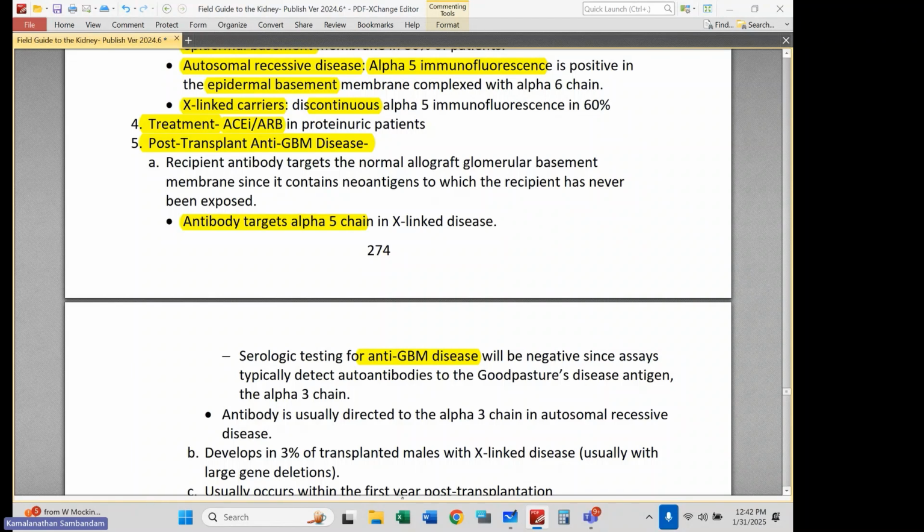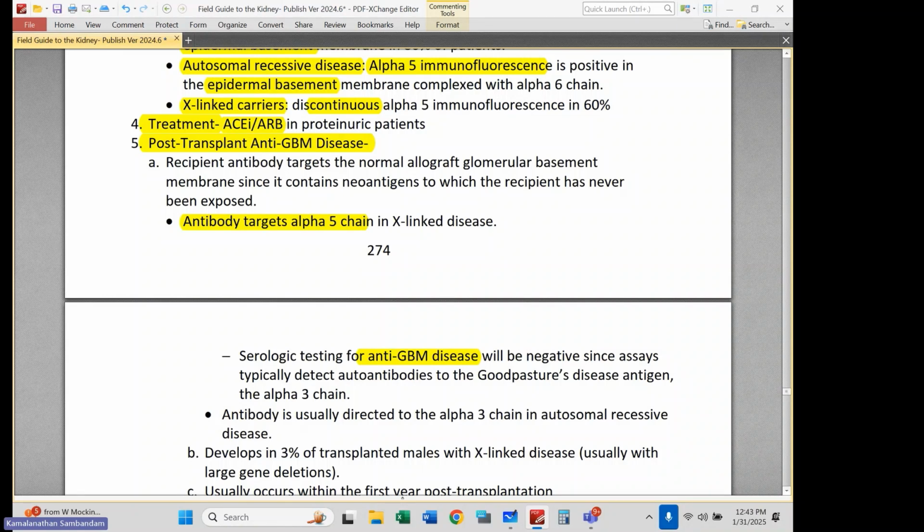What do you think you'll see on electron microscopy for anti-GBM disease? You might think that, but when you see in situ deposition of an antibody targeting an antigen in the kidney, you don't generally see electron dense deposits.